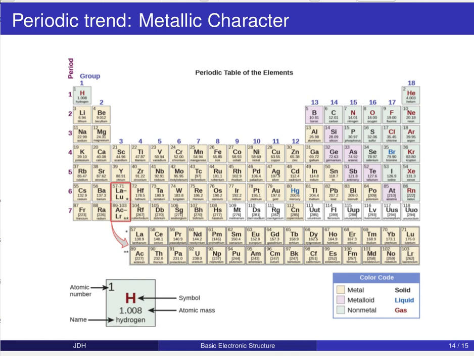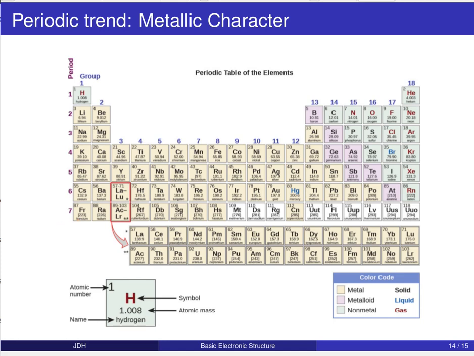All right, then our final periodic trend for our little introductory lesson here is that of metallic character. So remember, metallic character is all those properties that we typically associate with metals: metallic luster, conductivity, both thermal and electrical, malleability, all these guys. And we saw how when the periodic table is laid out and we color code the different elements based on what kind of character they have, are they metallic, are they non-metal, or are they somewhere in between, we find that all the metallic compounds are grouped on the bottom left, right?